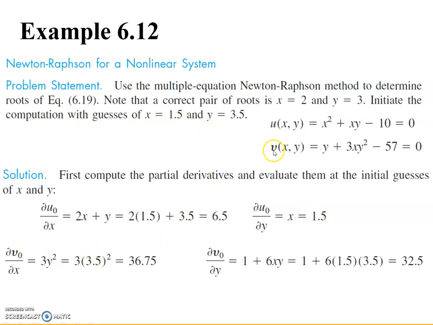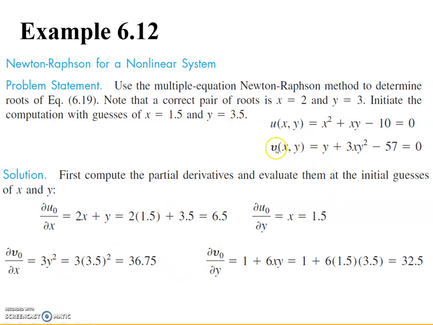And then partial v over partial x, the derivative of v with respect to x, will be 1 here, and then 3y squared, so it is 3 into y squared, where the value of y is 3.5.